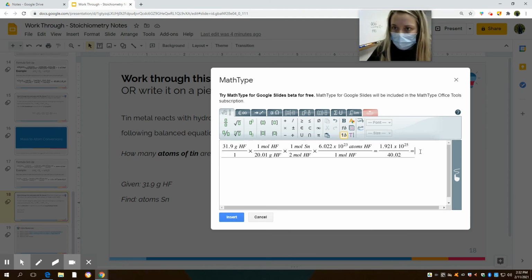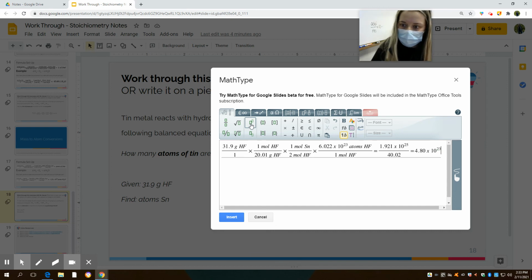So now that we have multiplied the top, multiplied the bottom, it's time for us to divide. So our final answer, when we take 1.921 times 10 to the 25th and divide it by 40.02, we're going to get 4.80 times 10 to the 23rd.